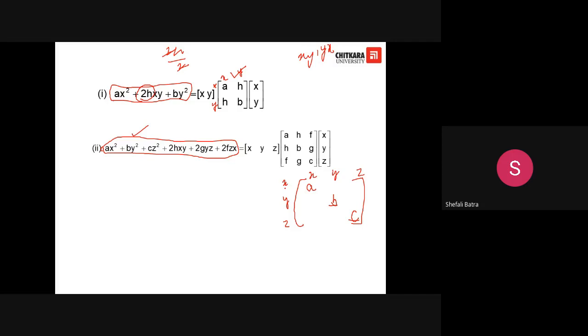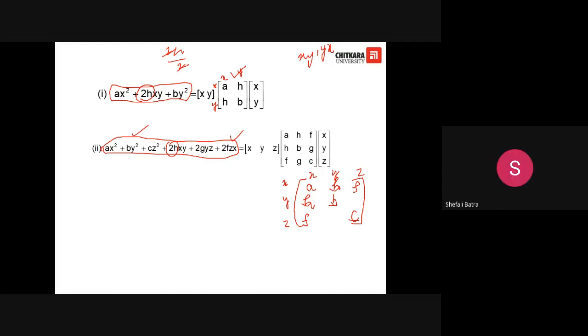Right? Now next is xy and yx. Tell me the entries for these places. h. Right, now 2hxy, so we will divide this 2h equally between these two places. So this is h and this is h. Now next xz and zx. f. So we'll divide it: f here and f here. Similarly, now yz and zy.